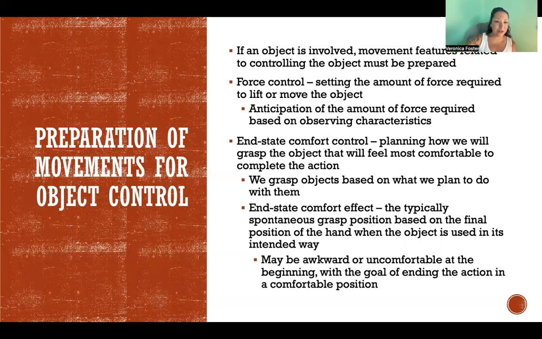I might go at a weird trajectory that's not as direct as normal because I am executing this action with the end state of comfort in mind. So I might do a weird angle, or I might have to reach around something, maybe even use two hands and adjust the angle of the cup so that I can reach the handle. But the point is that we will move in all sorts of weird ways so that we end in a comfortable position in relation to that object.